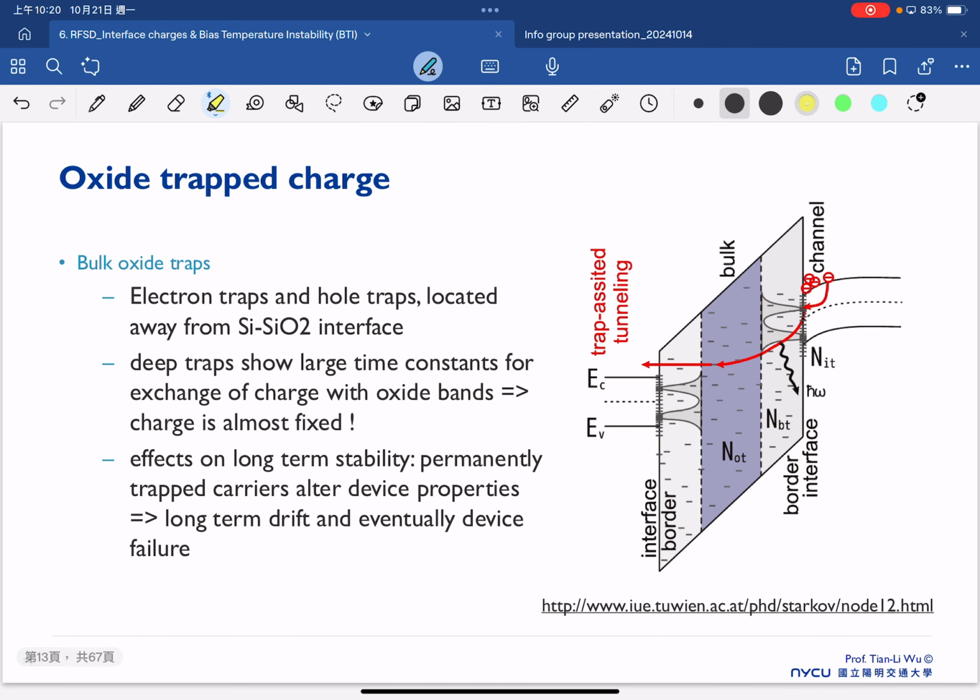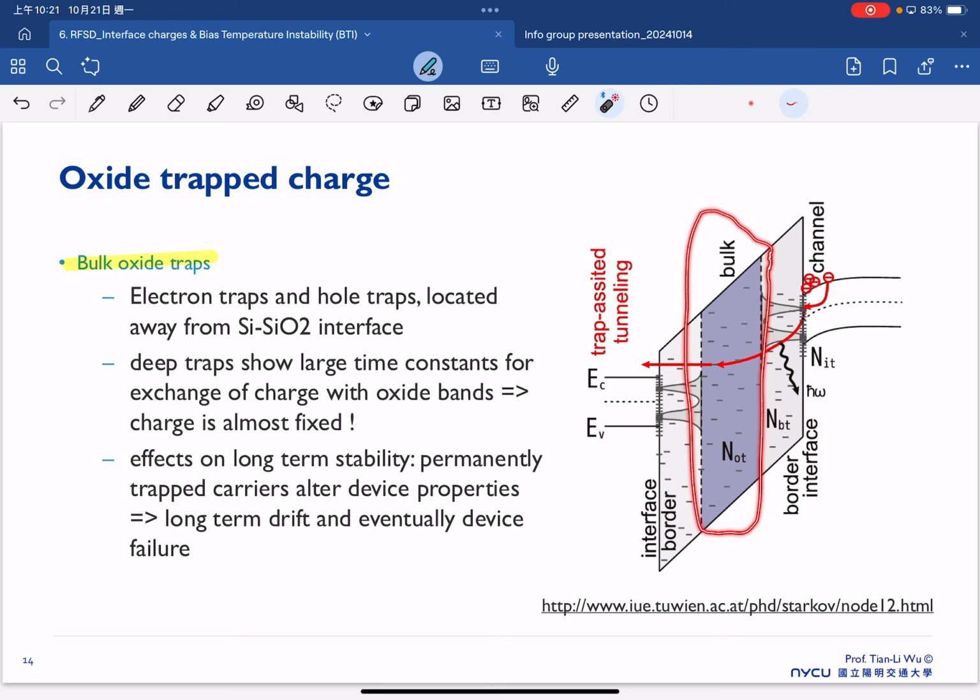So the oxide trap charge, as already said, sometimes we also call this a bulk oxide trap. In general, the oxide trap charge or bulk oxide trap is a trap we consider in this region as well. So this is a schematic which considers all kinds of possible defects in the metal, dielectric, semiconductor structure.